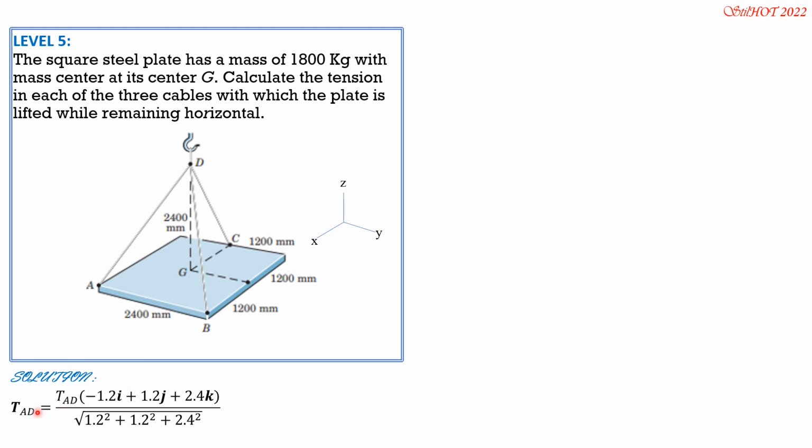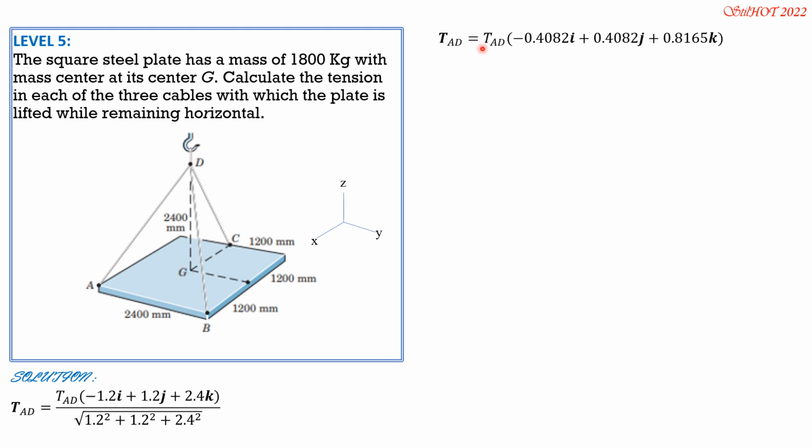So that's why tension AD in vector form is magnitude of tension AD, negative 1.2I plus 1.2J plus 2.4K over square root of 1.2 square plus 1.2 square plus 2.4 square. Simplifying, tension AD is magnitude of tension AD times negative 0.4082I plus 0.4082J plus 0.8165K. Next, tension BD: backward 1.2, leftward 1.2 meters, then upward 2.4.